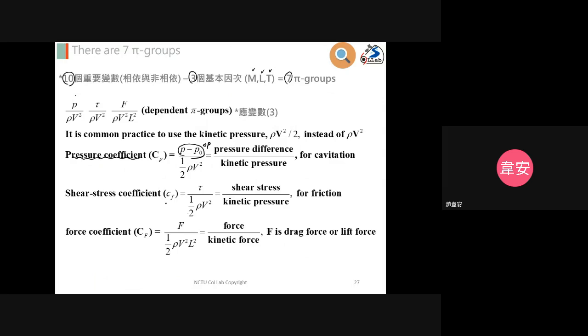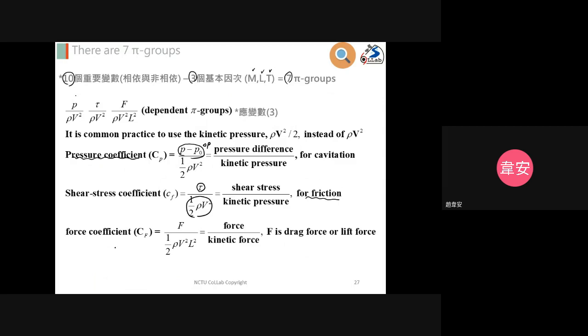And the second is the shear stress coefficient. We have the shear stress here, and then the bottom is also the kinetic pressure. And usually we use this parameter to study the friction effect for our problems.